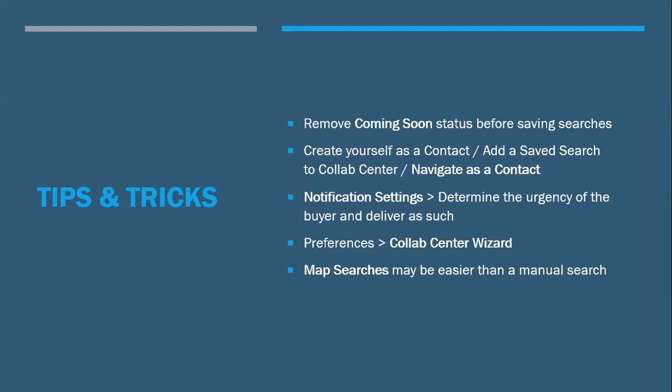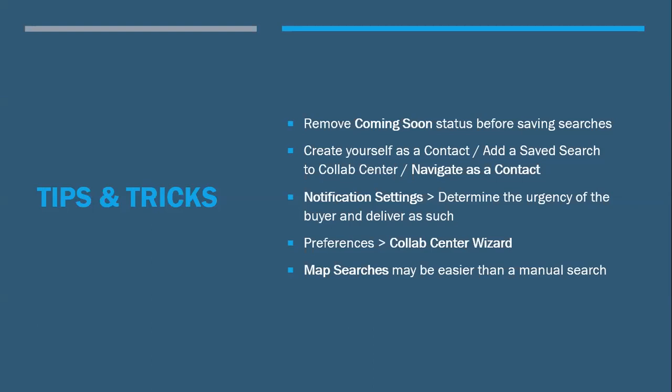This will help you out tremendously so the clients can come to you with questions, you know how to answer them, and you know what it looks like and feels like. And show them how to use the hamburger tool in the top left to do their own property searches and save those searches so that you can see what they're seeing, and create new transactions, putting more money in your pocket.